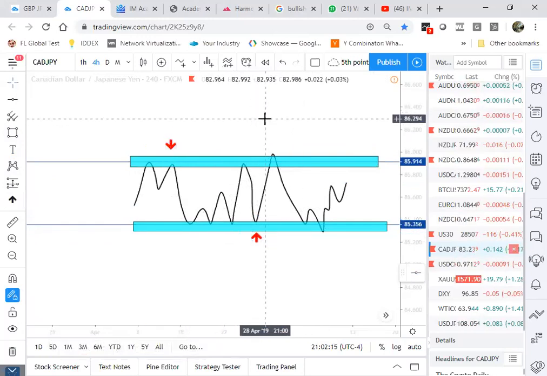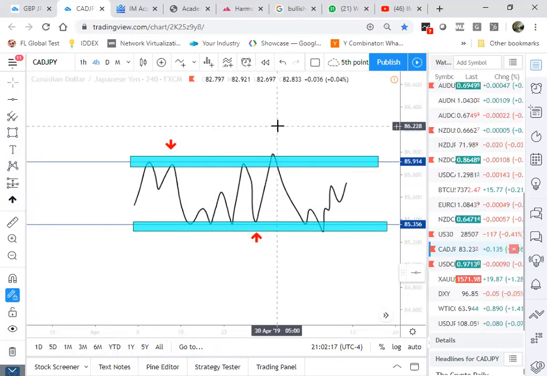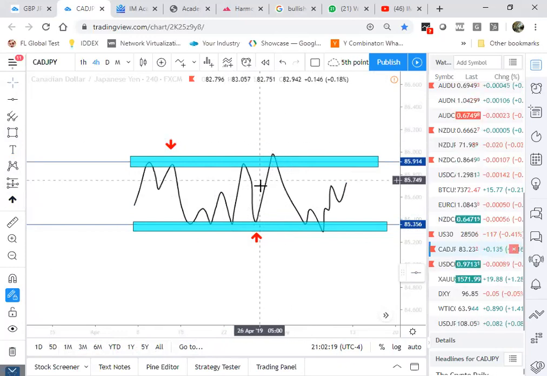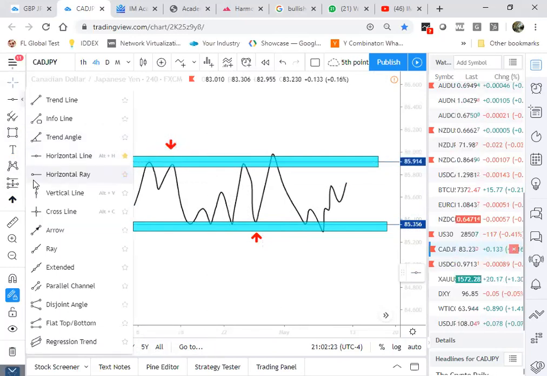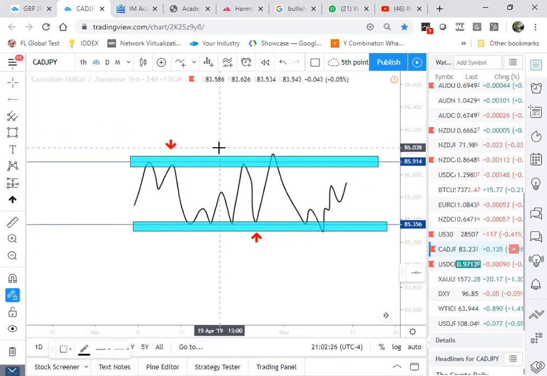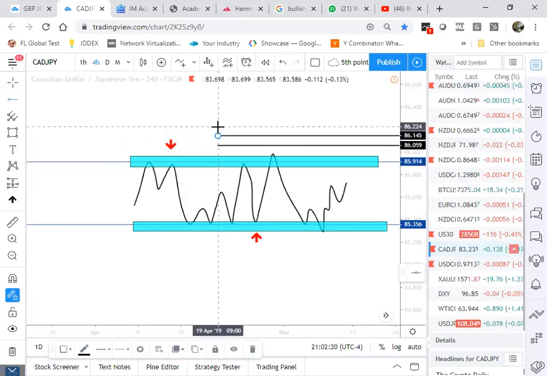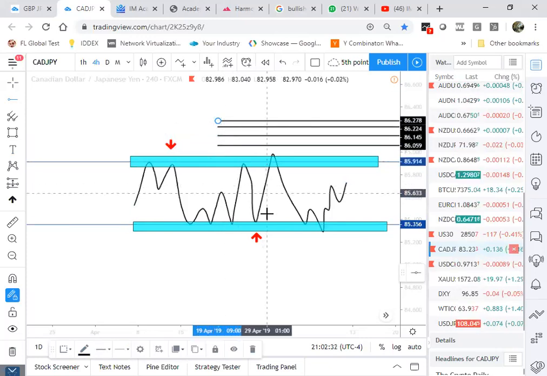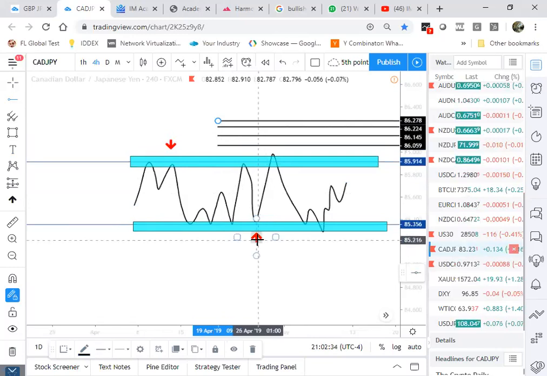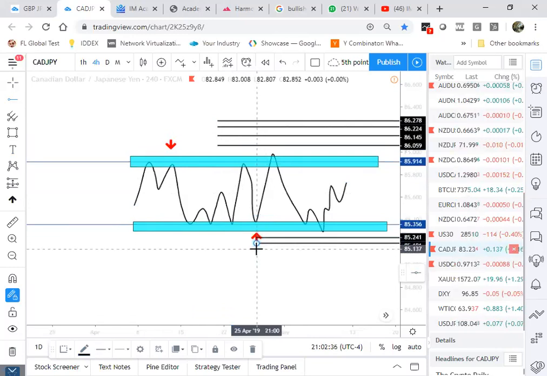But what the smart money does is they understand that retail traders selling here will set their stop losses above here, right? And when they're doing their buys, they will set their stop losses below here.